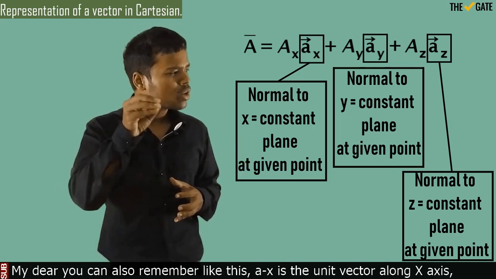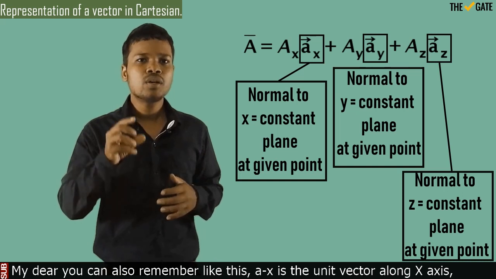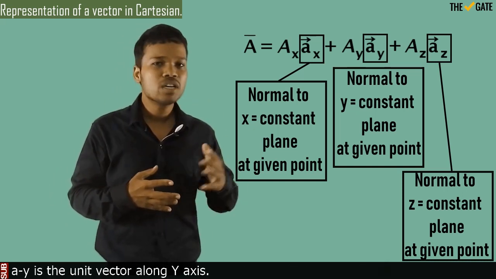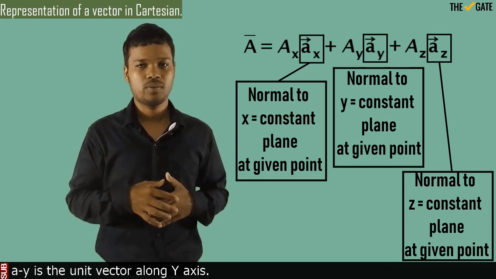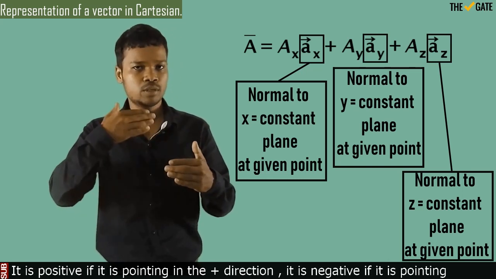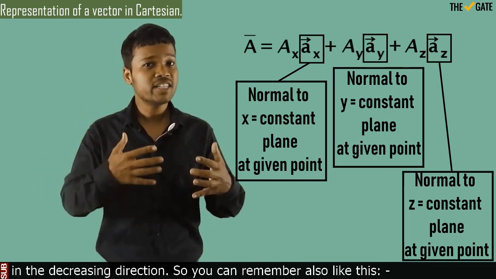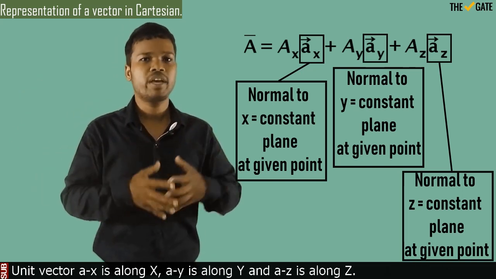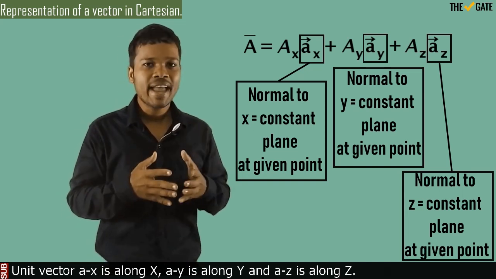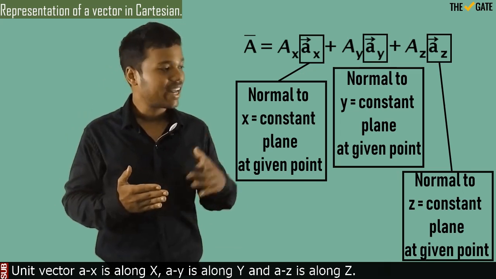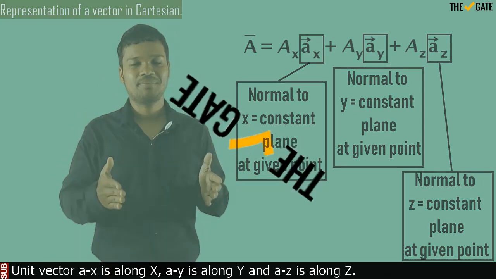You can also remember it like this: ax is the unit vector along x-axis, ay is the unit vector along y-axis. It is positive if it is pointing in the plus direction, and negative if it is pointing in the decreasing direction. So unit vector ax is along x, ay is along y, and az is along z.